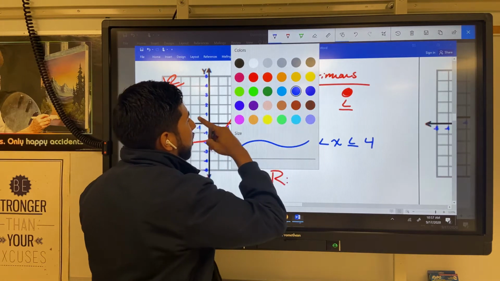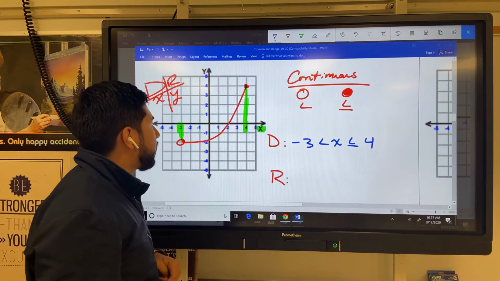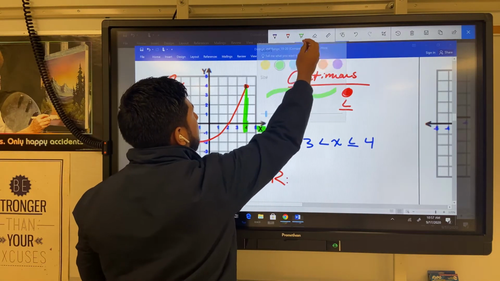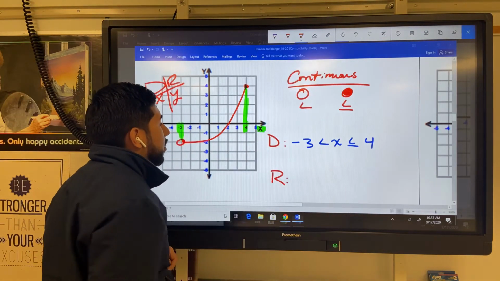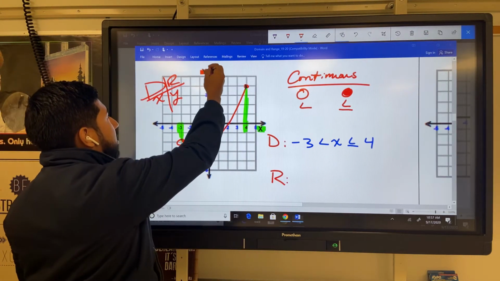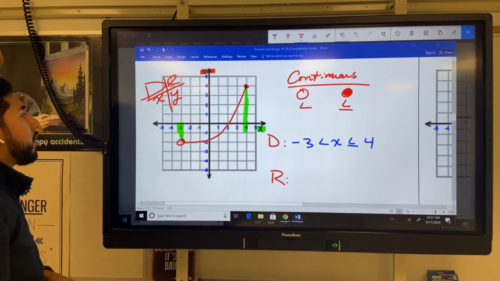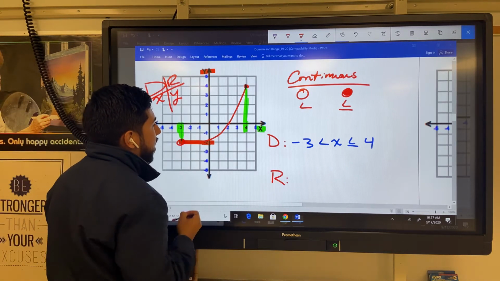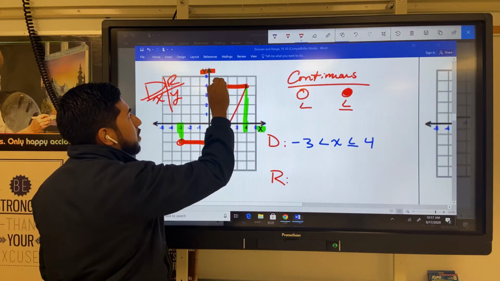Let's do some range. Let's use a different color that I've never used. Let's use this one. And we'll use a different highlighter. That color. All right. So for the range, now we're looking at the y-axis, wherever these points are touching the y. Starting from bottom to top, right here, this bottom has a -2. Top is a 4.